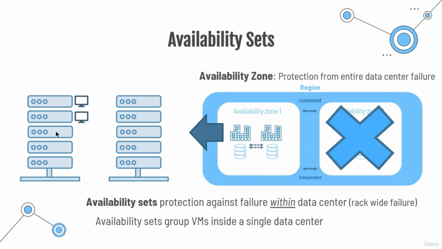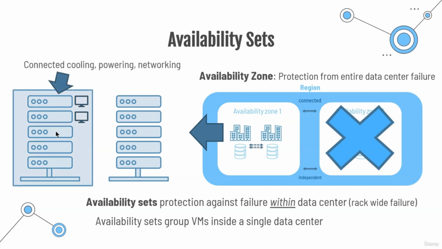But now if we create multiple virtual machines, we should make sure to distribute them in a smart way. Because we can have two problems, and this is that one rack, for example, can be connected through a same cooling, powering, and networking. So if they are in the same rack, in this same location, then maybe both of them would be affected if, for example, we have a power outage or a networking failure.